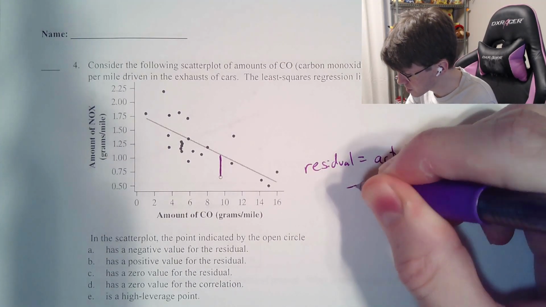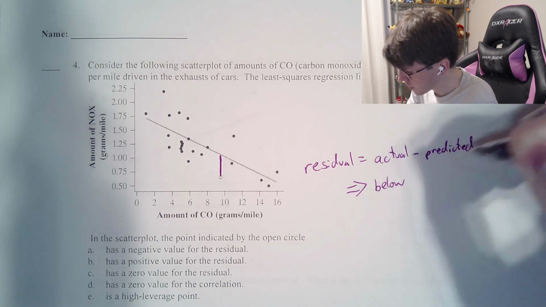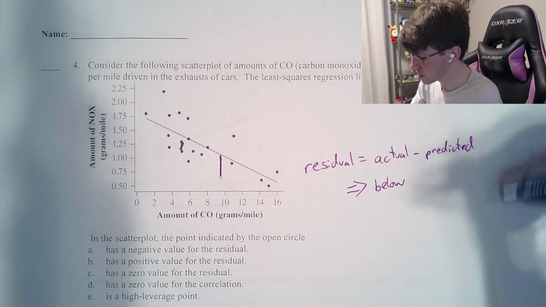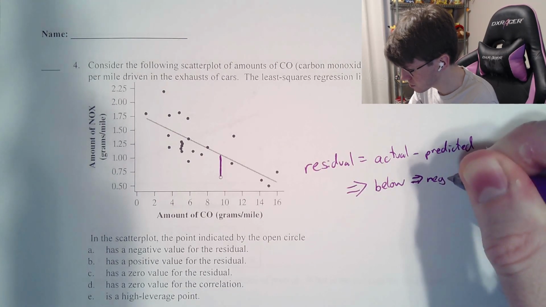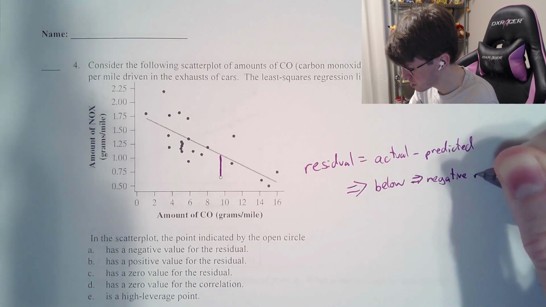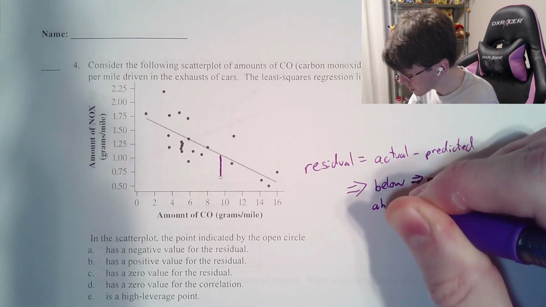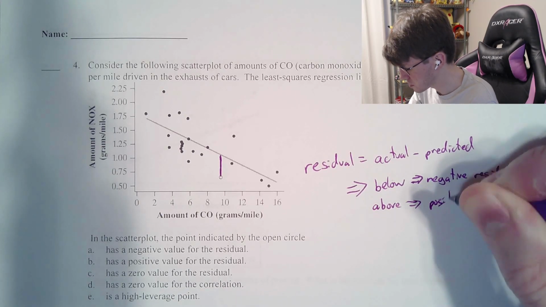What this means is if you are below, the actual one is going to be below, below is a negative residual. And if you are above, above is going to mean that you have a positive residual.